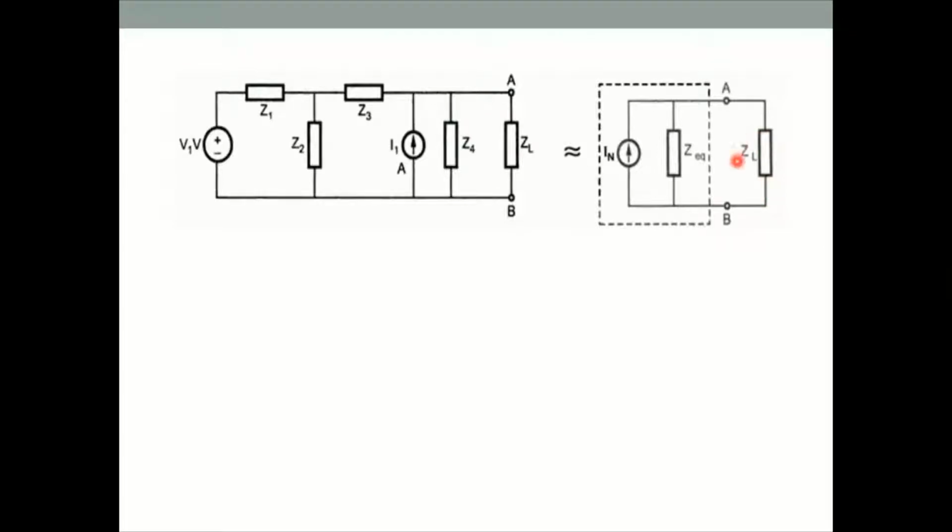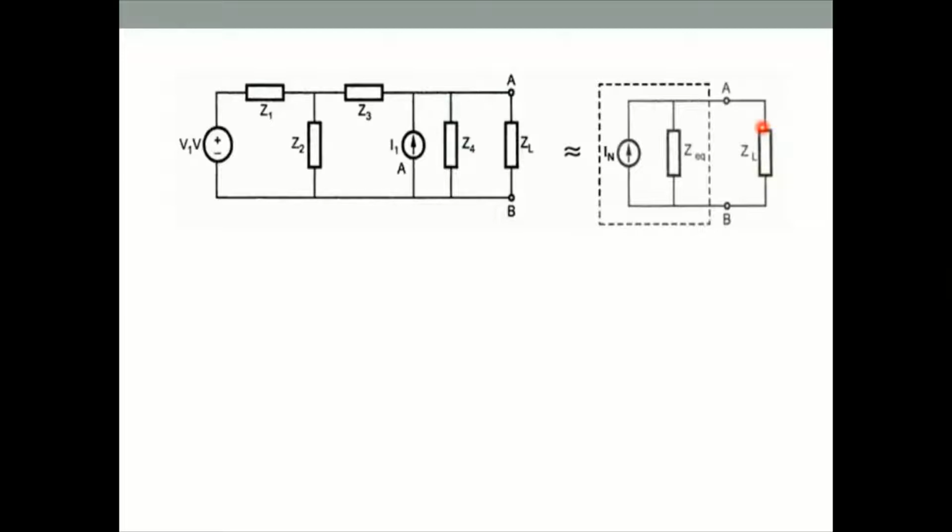Here ZL is the load impedance and the current flowing through the ZL is the load current. So with the help of Norton's theorem, we are going to calculate the current flowing through the load.